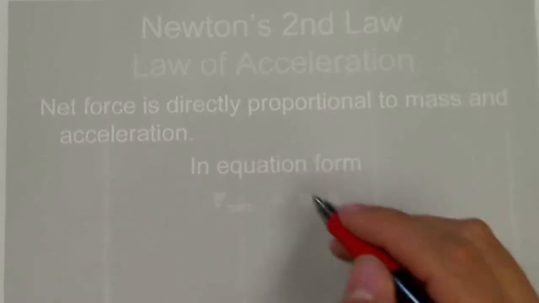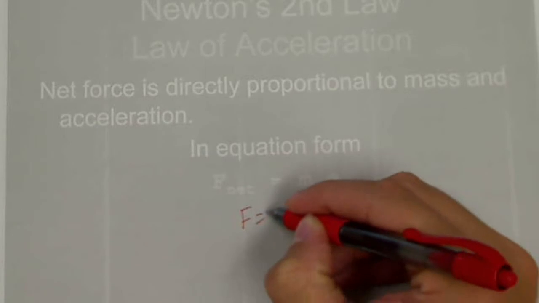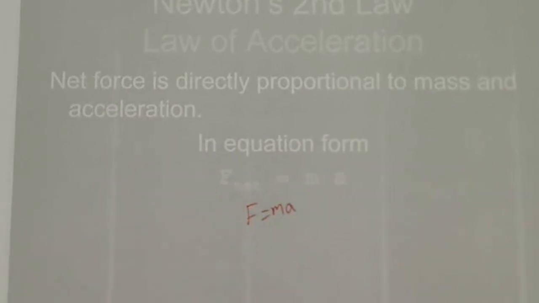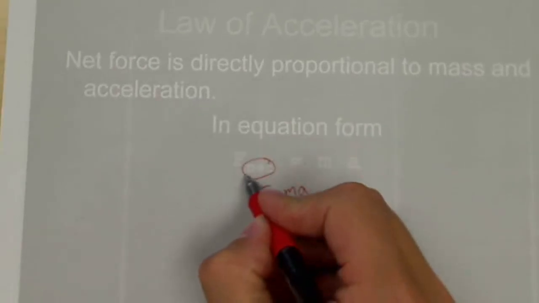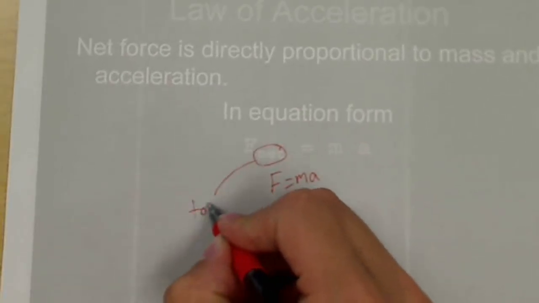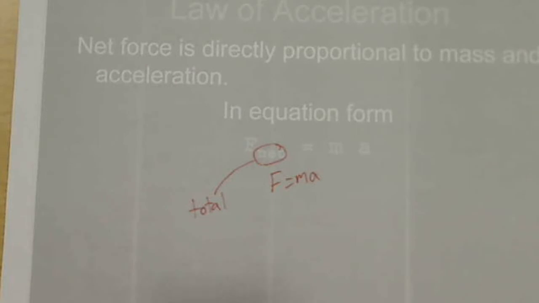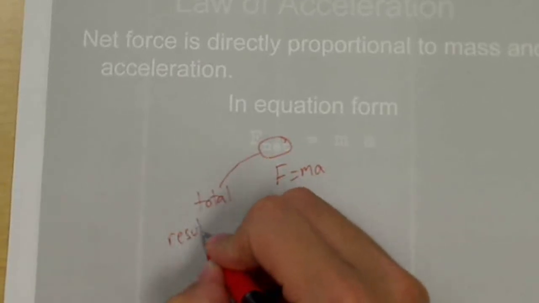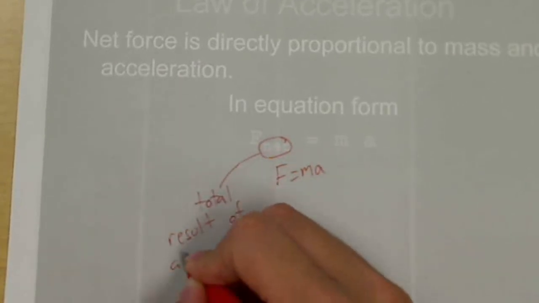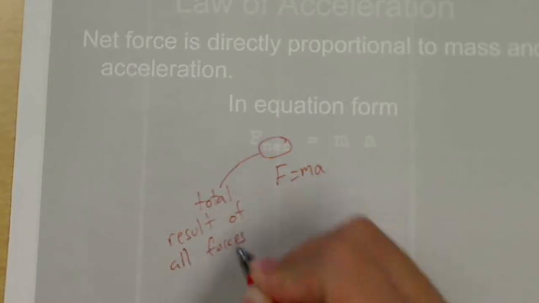Now, we frequently see it like this, F equals ma, but this net is important on the force. It's the net force. We use this net a lot. Net means total. That means the total result of all forces.